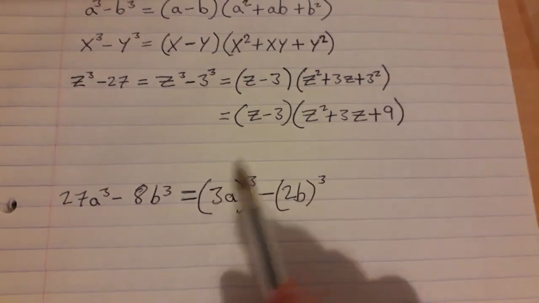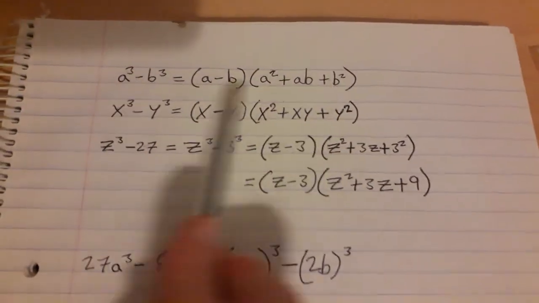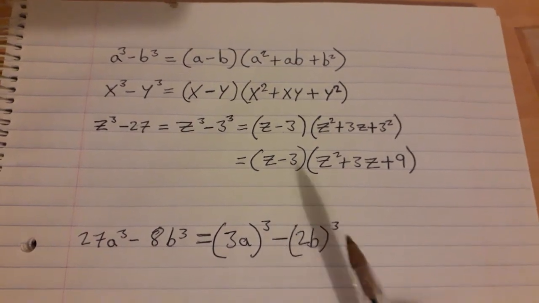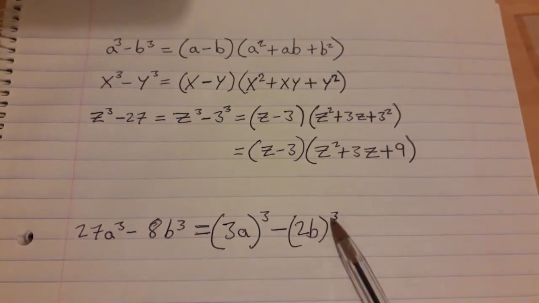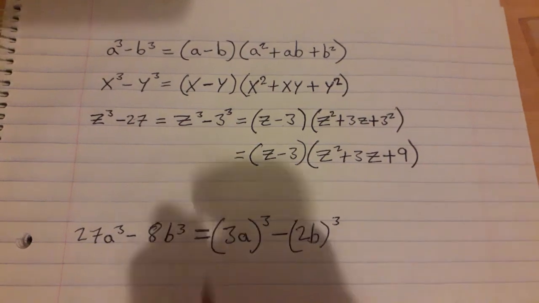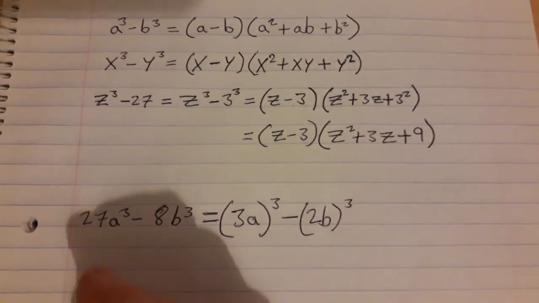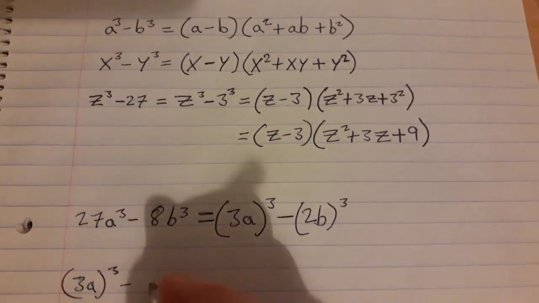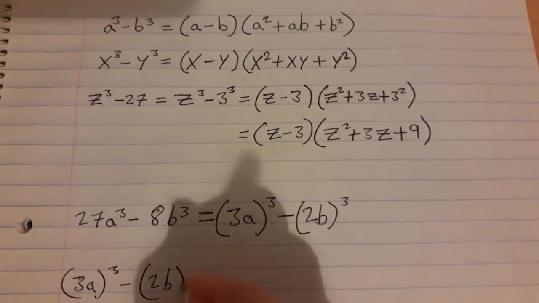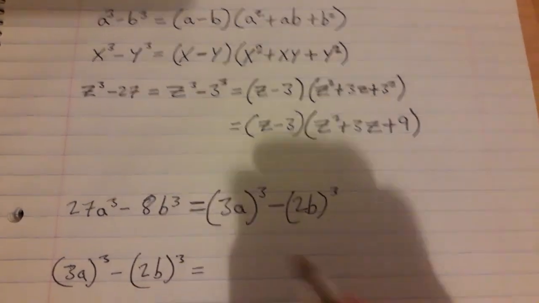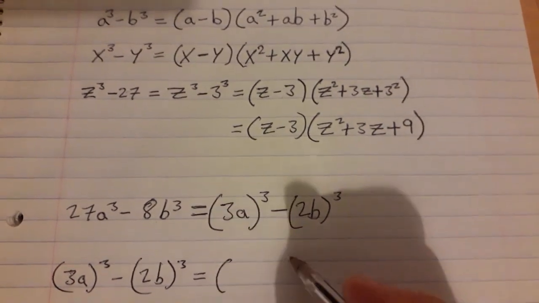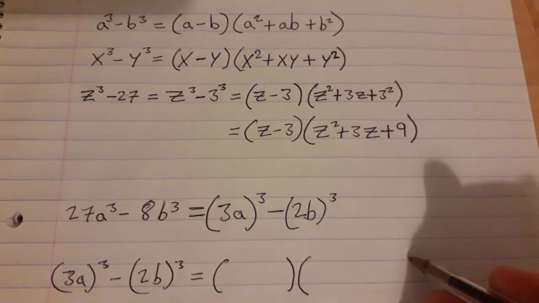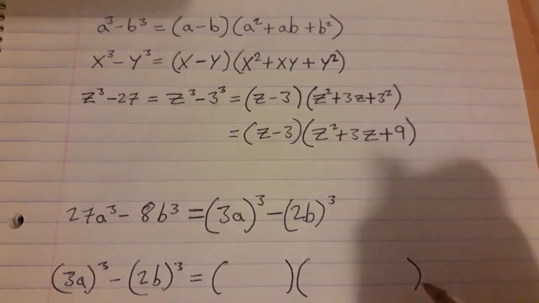Now we have something here that we can use our template up here on. It's something all to be cubed, minus in the middle, which is important, something all to be cubed. So using our template, I'm just going to write it down here again. 3a all to be cubed minus 2b all to be cubed equals, and I'm going to know that there's going to be one factor that has 2 terms in it and another factor which has 3 terms in it.